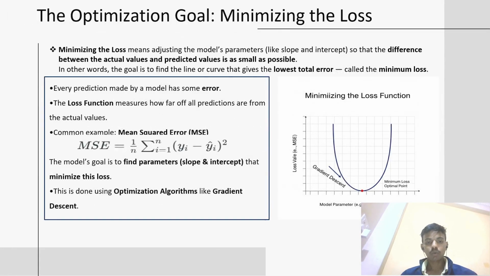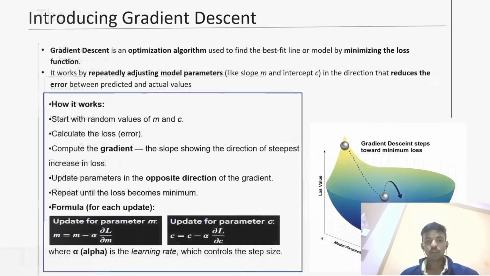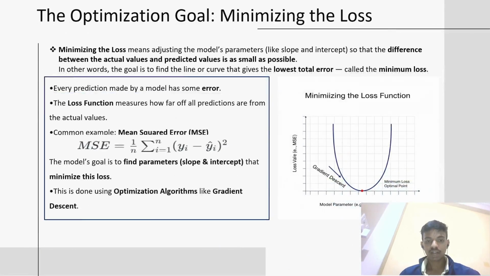To optimize this goal, we use minimizing loss. It means adjusting the model parameters so that the difference between the actual value and the predicted value is as small as possible. To measure the overall predictive error, we use the loss function, commonly the mean square error, that is MSE.